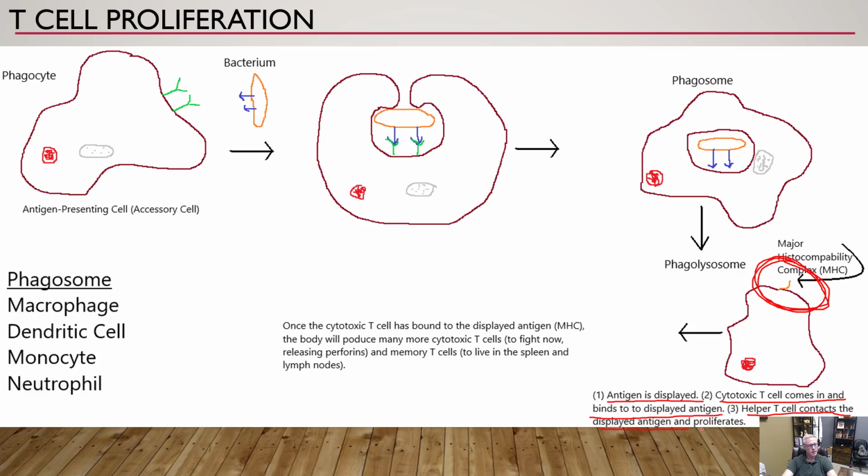And that's going to proliferate once the cytotoxic T cell has bound to that displayed antigen with that MHC complex, or the major histocompatibility complex. The body is going to produce more T cells. And those T cells release those perforins. And then we'll talk also about memory T cells that live in the spleen and the lymph nodes.